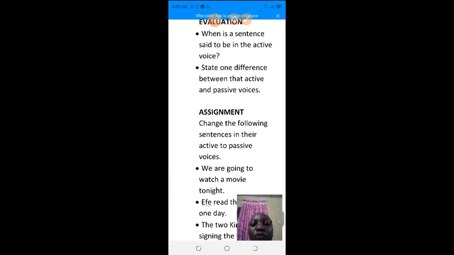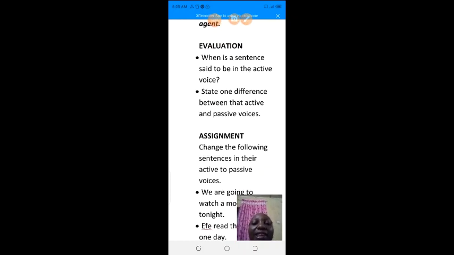So let's answer a few questions. When is a sentence said to be in the active voice? Nyekpono, can you try that? Okay. When a sentence is in the active voice, we have the subject coming first and the object comes last.